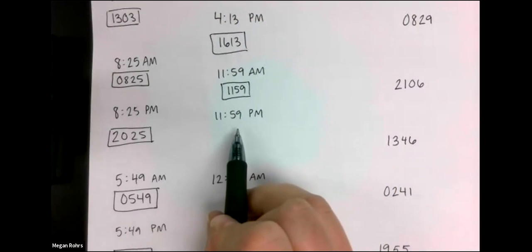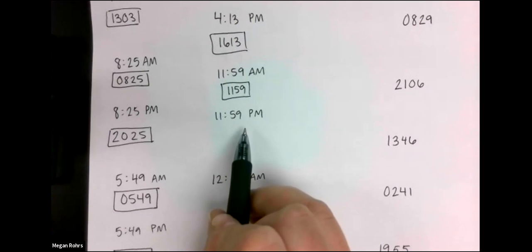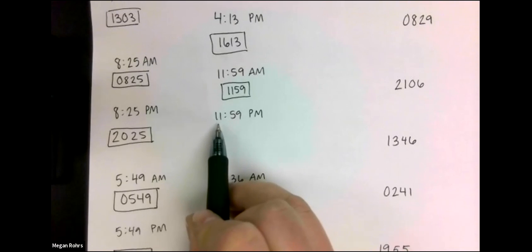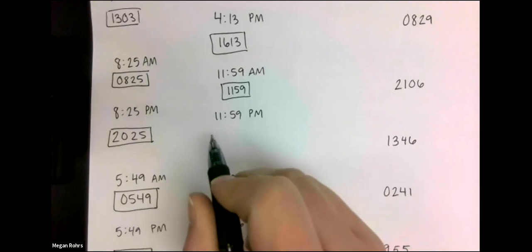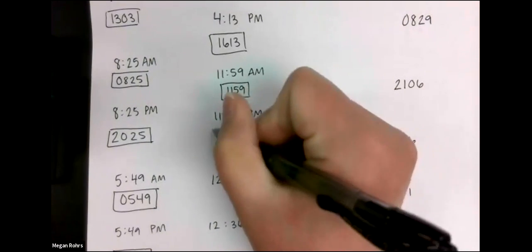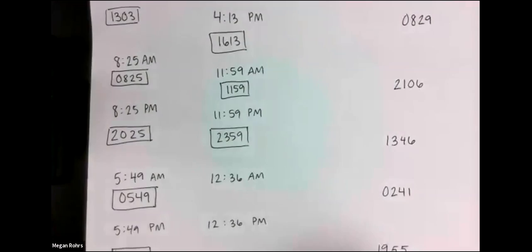Now when you get to 11:59 p.m., that is right before midnight. So we're going to add 12 to the hour. So 11 plus 12 gives us 23:59.